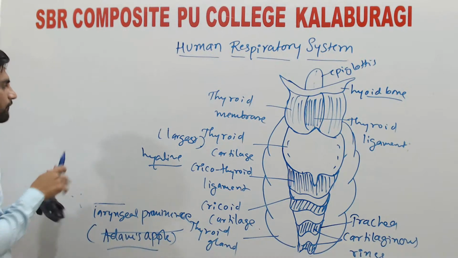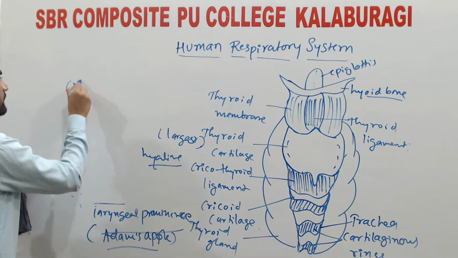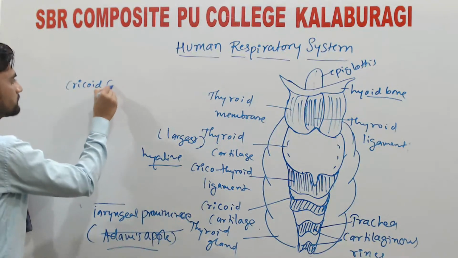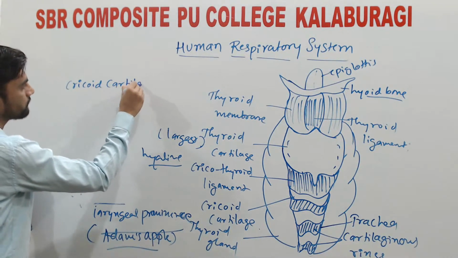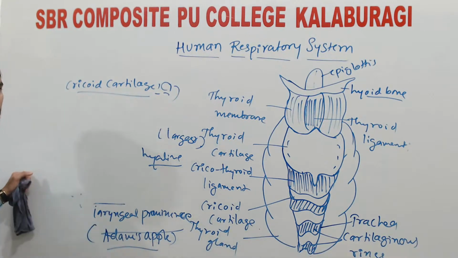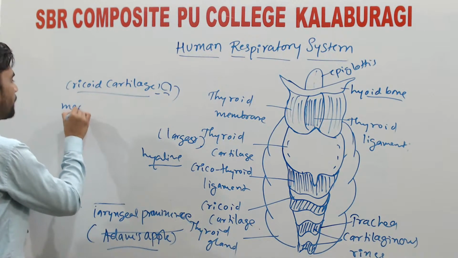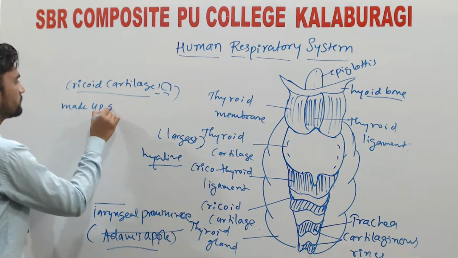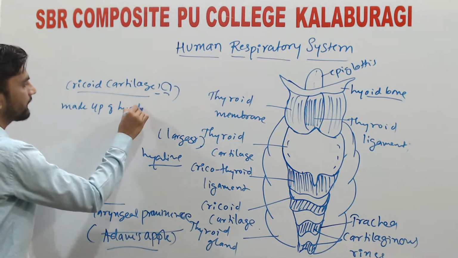That is also an unpaired one. Cricoid cartilage. This is also a single, unpaired one, and it is made up of hyaline cartilage.